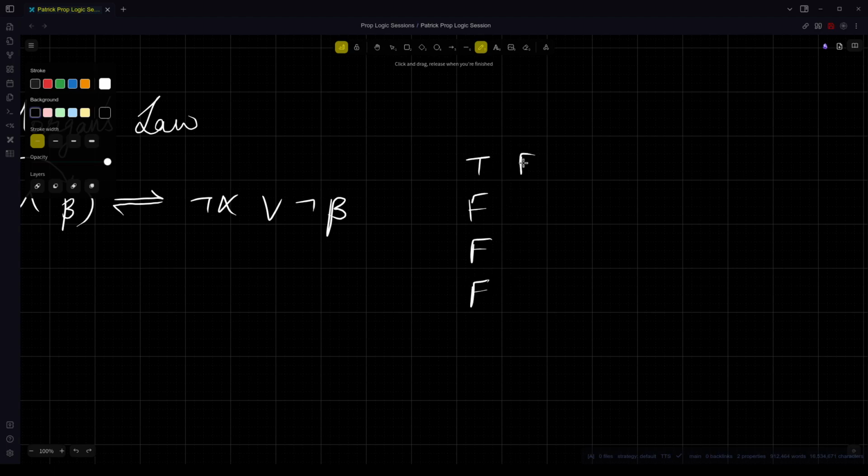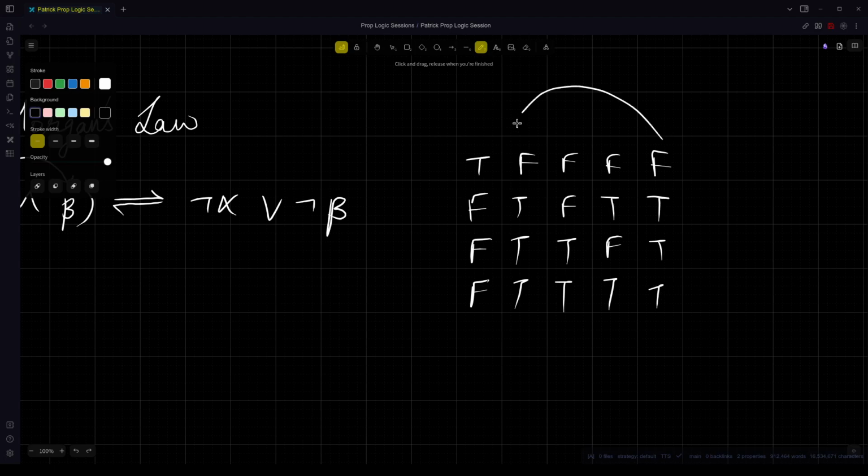The negation will be F T T T. The negation of alpha will be F F T T. Negation of beta will be F T F T, and then the disjunction of this will be F T T T. See, both of them are equivalent. I just did a shortcut.